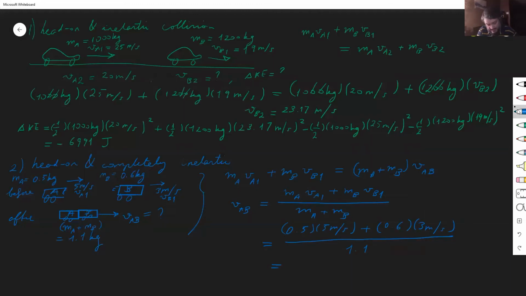So that will be 3.9 meters per second. Okay. All right. So my next example will be a glancing collision. A glancing and elastic collision. Let me stop here.